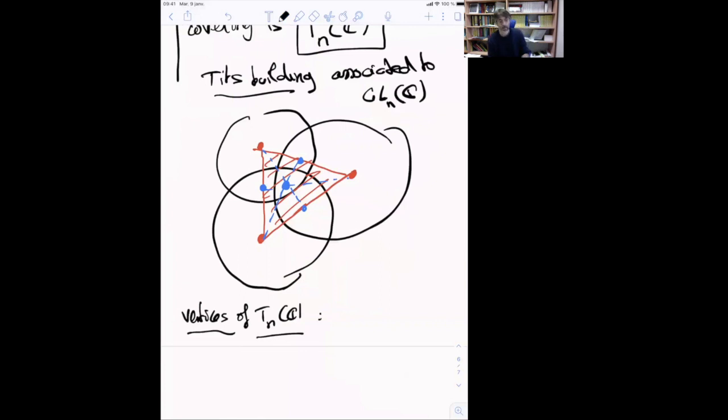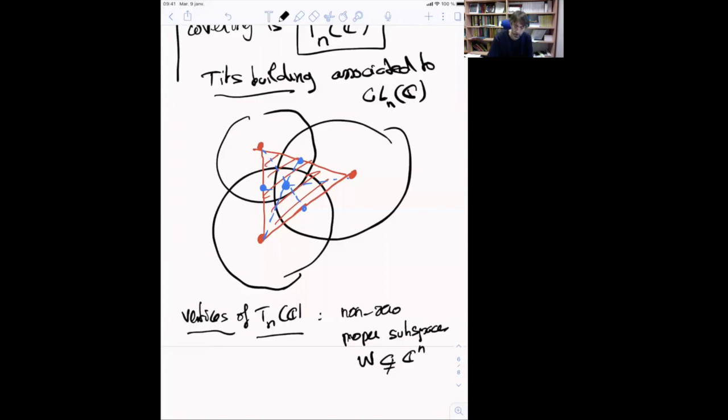These are precisely the non-zero proper subspaces of Cn.